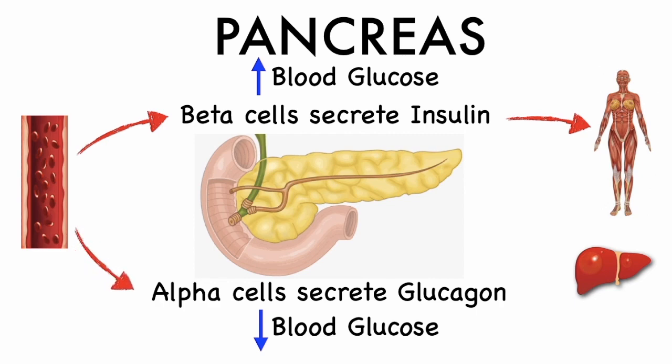When blood glucose is low, your alpha cells will sense low blood glucose and secrete glucagon. Glucagon basically does the opposite. Once it reaches the liver, it will break down glycogen to free up glucose and thereby increase blood glucose once again to maintain that blood homeostasis.